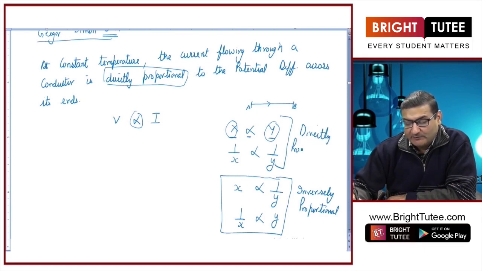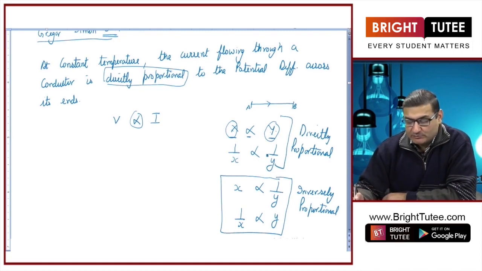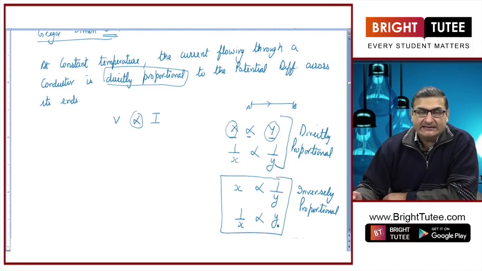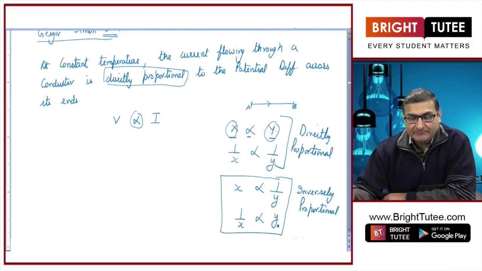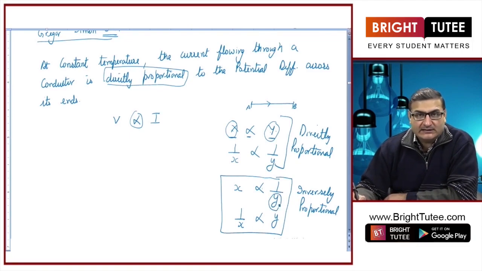This concept you will be requiring later in this chapter, directly proportional and inversely proportional. Directly proportional when both the items are in numerator or in denominator having this sign. Inversely proportional when this sign is there but one is numerator and the other is denominator. Now when one thing increases, if y increases, then the reciprocal effect will be found on x.